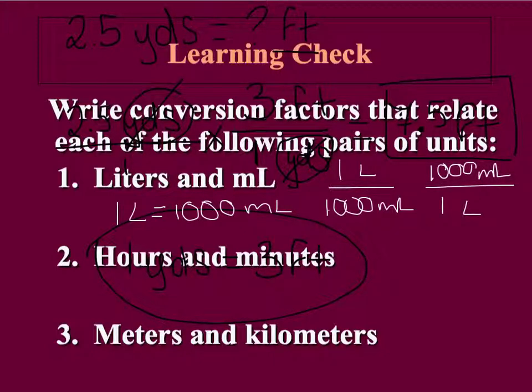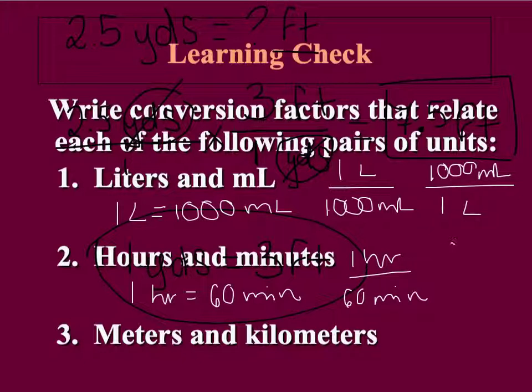What about hours and minutes? We know in every 1 hour, there's 60 minutes, right? So the two conversion factors we can make there are 1 hour over 60 minutes, or 60 minutes over 1 hour. Do the same thing with meters and kilometers. You try that one on your own. See if you can figure out what the relationship and the conversion factors are for meters and kilometers.